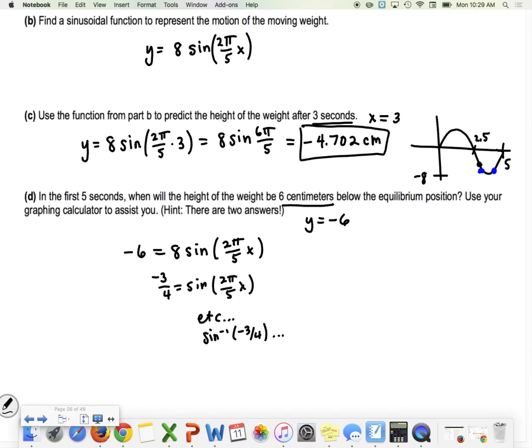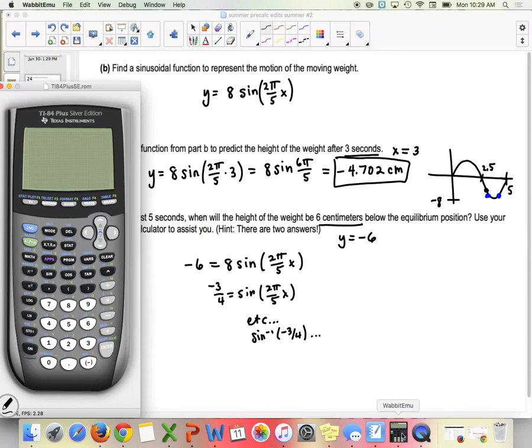All right, so as we graph it, let me go down to my little graphing calculator. I want you to graph 2 functions. First, make sure I'm in radian mode. Okay, so y equals, I'm going to graph -6, and I'm also going to graph the 8 sine of 2 pi over 5, and then x.